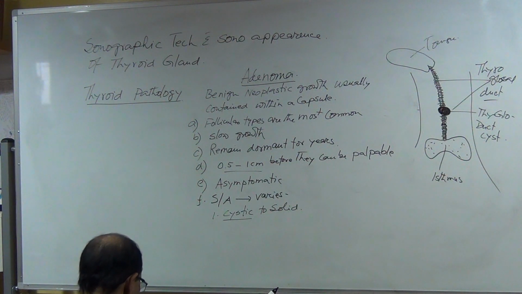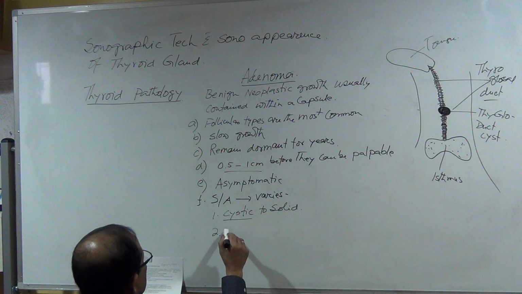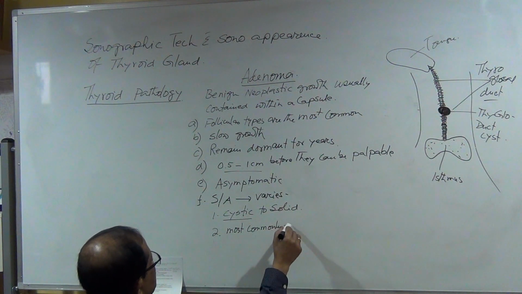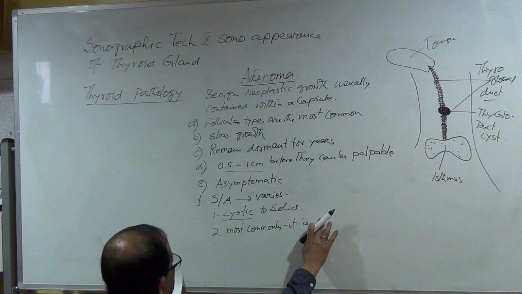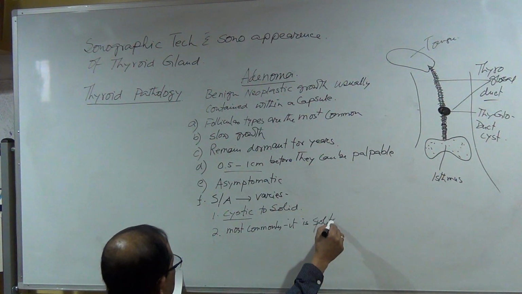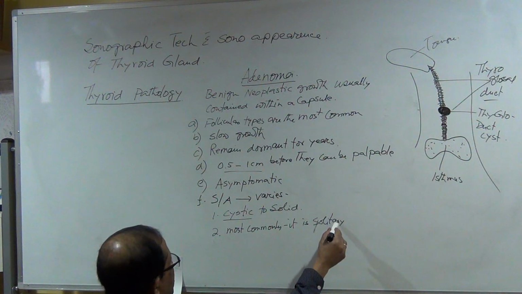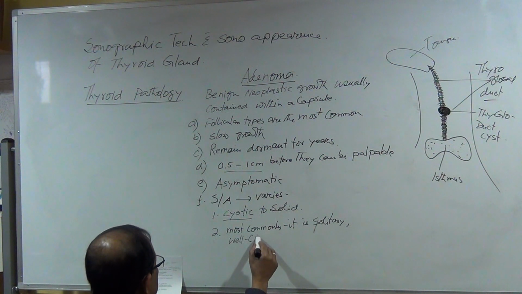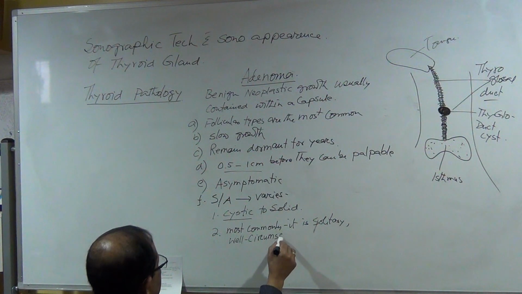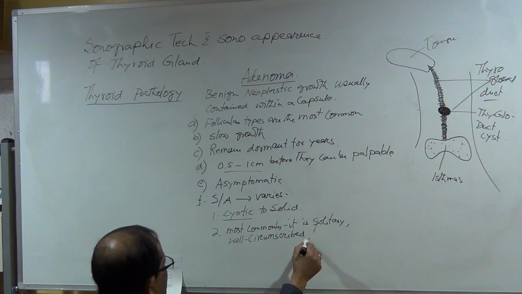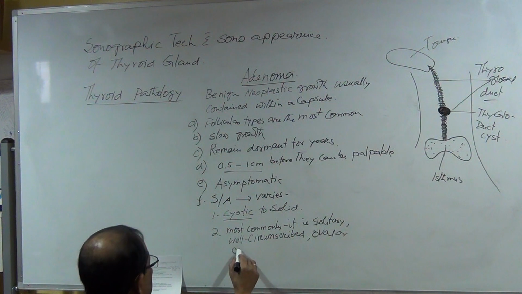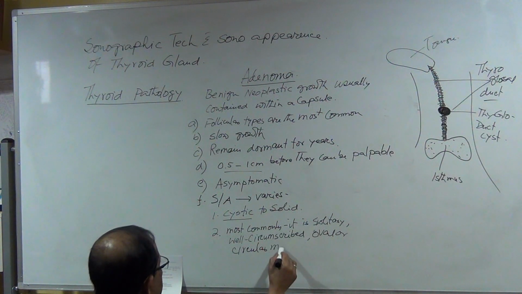Most common appearance is solitary. Most commonly it is solitary, well circumscribed, oval or circular mass.